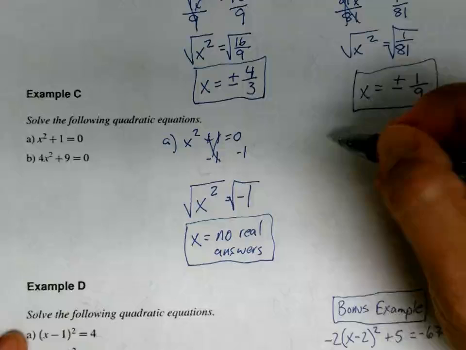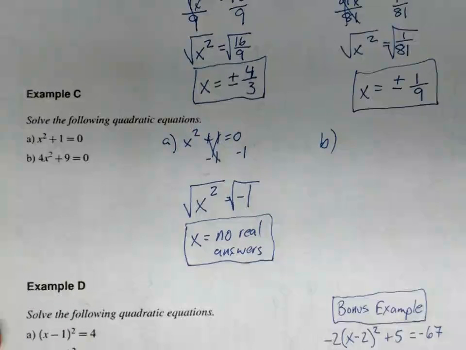Okay, so for B, you could do the same thing, and it'll end up being a negative under the square root, which means the same answer: no real answers.